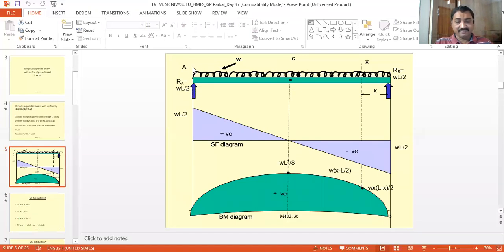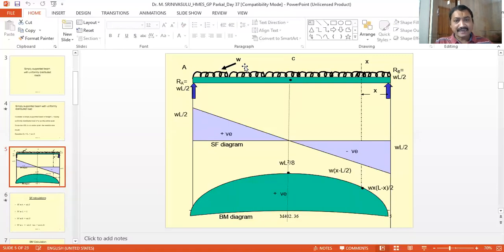This is positive, whereas this is half of the UDL. What is the distance of point C from point A? The distance between point A and point C is nothing but half of the length of the beam, that is L by 2. So L by 2 into W, so W into L by 2.